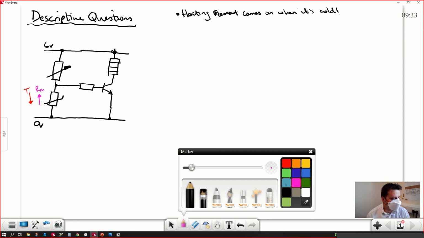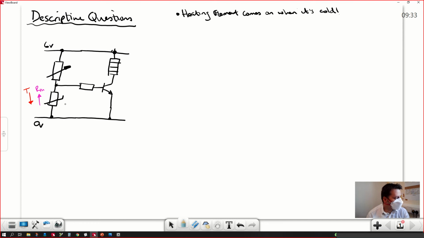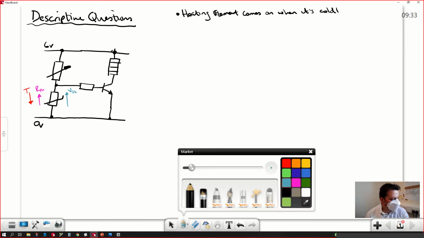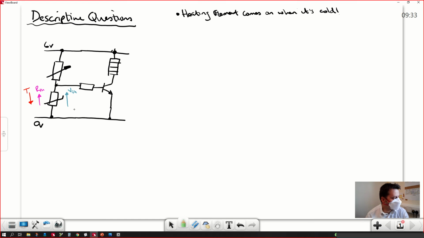As the resistance of the thermistor goes up, the voltage across the thermistor goes up. And in this case, the voltage across the thermistor and V out of the sensor are exactly the same. So as voltage across the thermistor goes up, V out of the sensor also goes up.